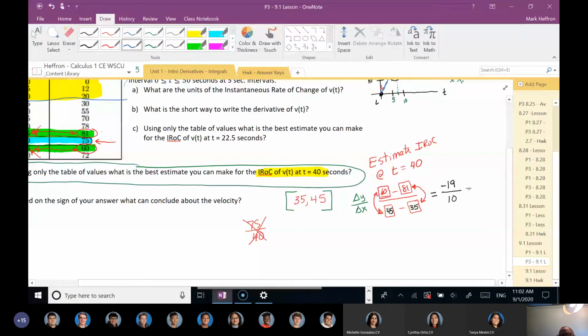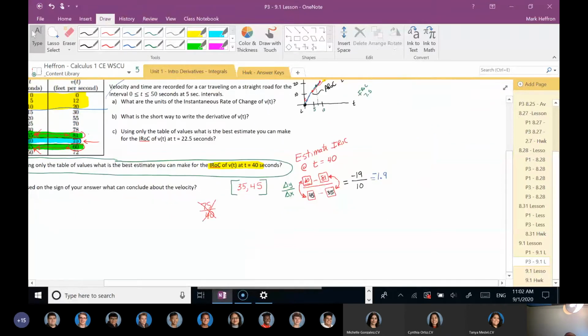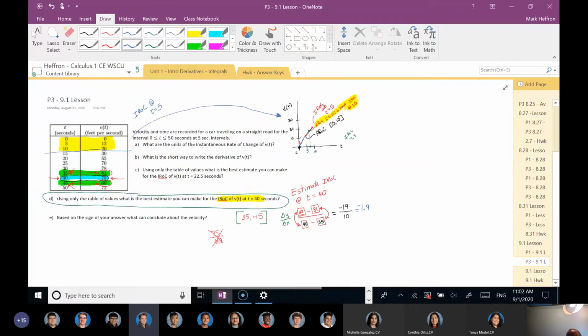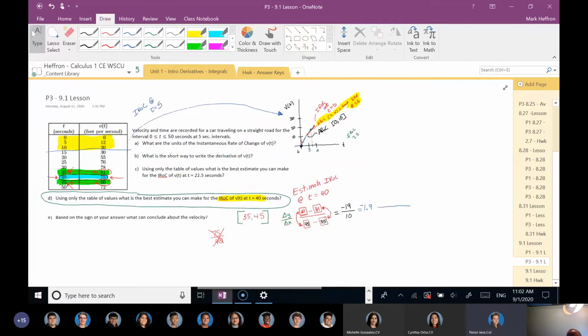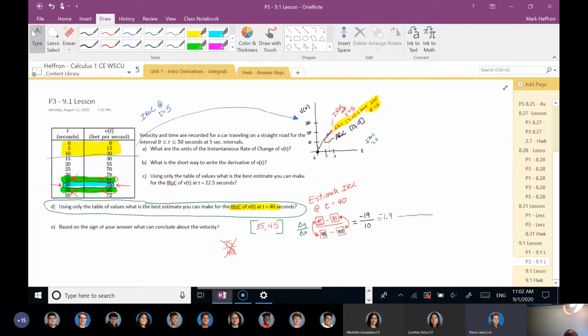Simplifying that, that would be negative 2.1. Mister, I had said negative 19, but that's negative 21, not negative 19. Yes, you're right. Thank you. So that would be negative 2.1, not 1.9.